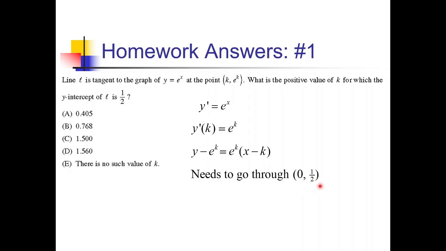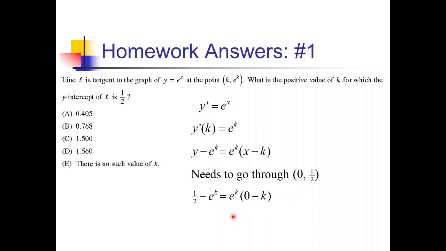So I can replace the x with 0 and the y with 1/2, and that's going to leave me with only k as my only unknown. So I'm going to have 1/2 minus e to the k equals e to the k times 0 minus k, and I just need to solve for k.